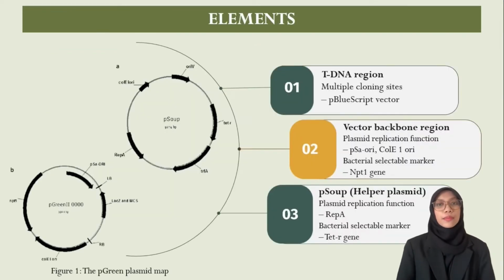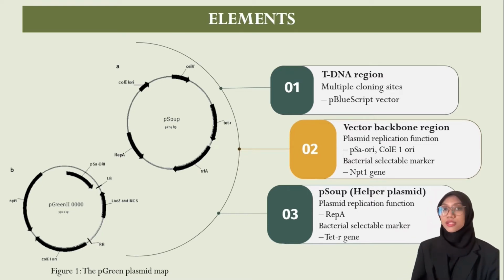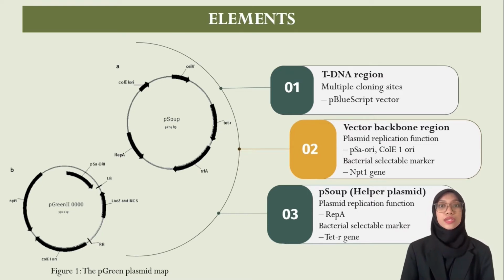But firstly, let me explain the elements of this binary vector. The basic pGreen binary vector, as you can see in this figure, consists of 2 main regions, which are the T-DNA region and the vector backbone region. The T-DNA region is flanked by the left and right border regions and includes the multiple cloning sites based on the pBluescript vector, which allow any arrangement of the selectable marker and reporter genes.